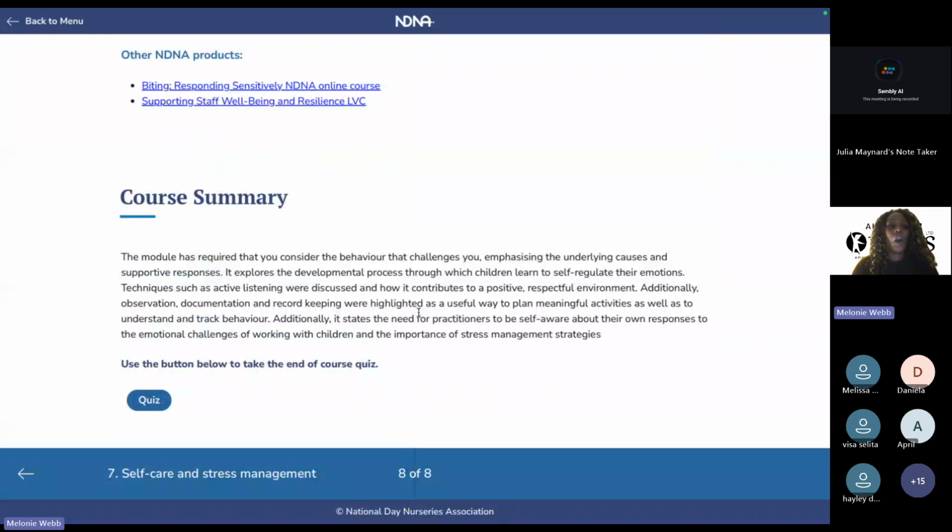Additionally, observation, documentation, and record keeping were highlighted as a useful way to plan meaningful activities as well as to understand and track behaviour. Additionally, it states the need for practitioners to be self-aware about their own responses to the emotional challenges of working with children and the importance of stress management strategies.